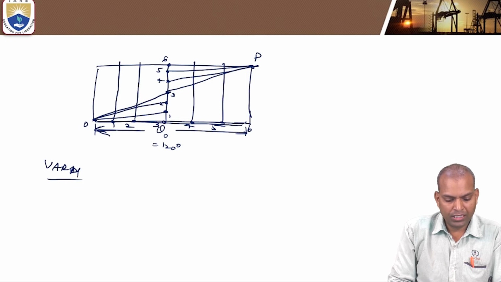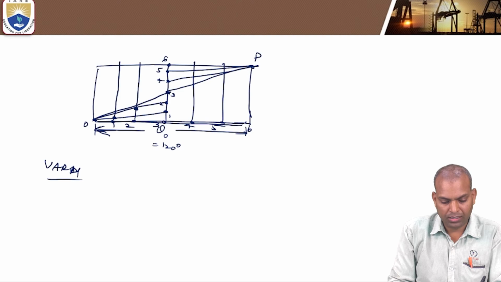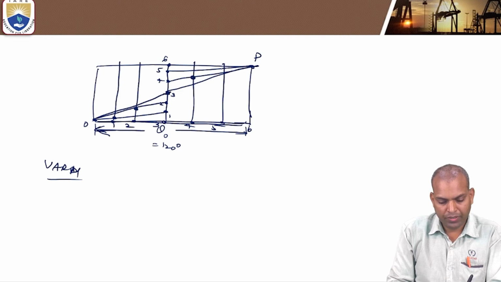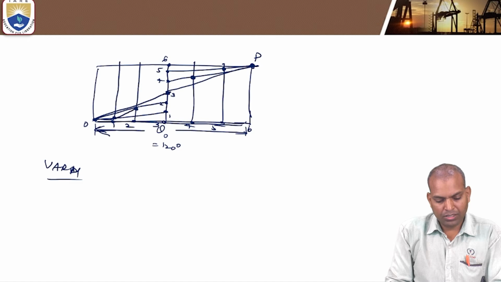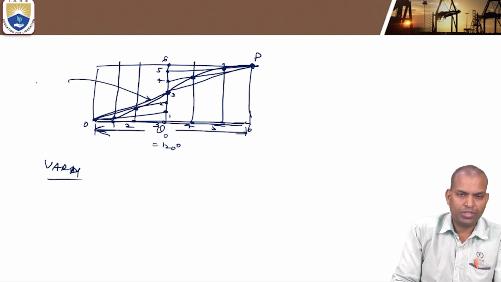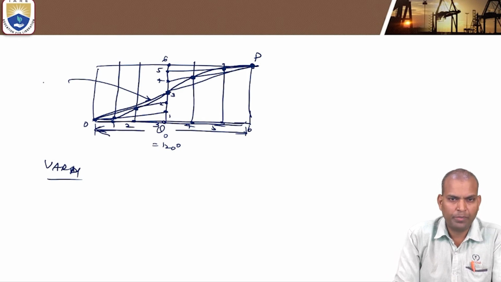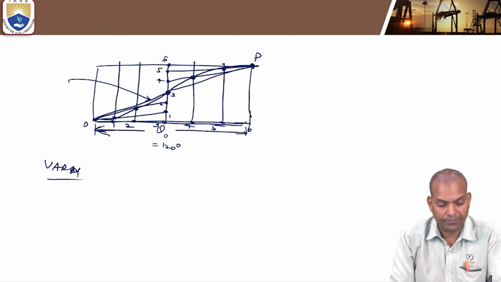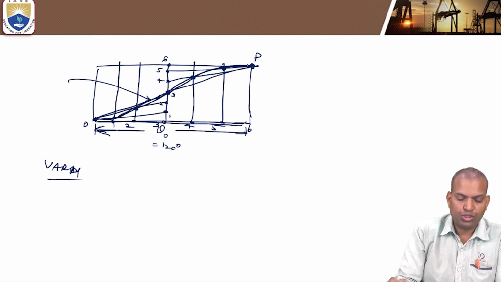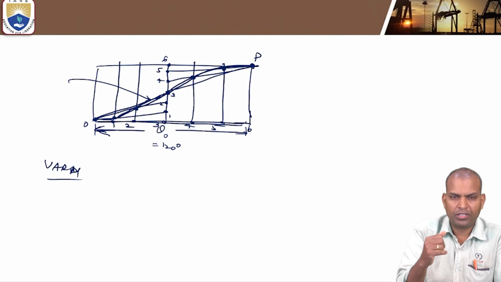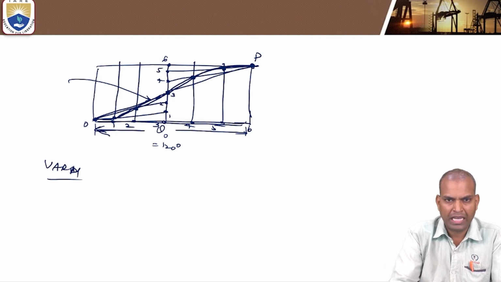Now where 1 intersects this inclined line, 2 with 2, 3, here 4, 5 and 6, join them by passing a curve through them. That curve is the displacement curve of uniform acceleration motion during ascent. Similarly, you follow the same procedure for the return stroke angle.